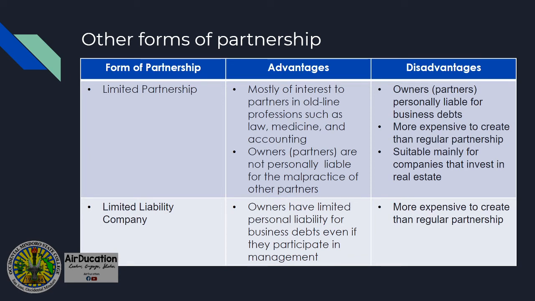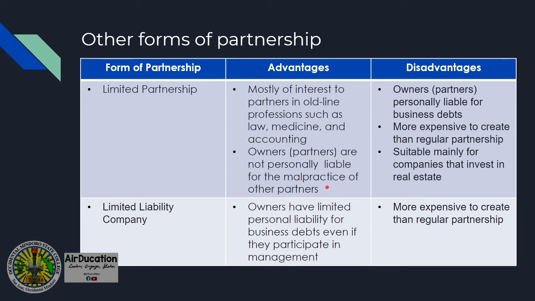Next, limited partnership. This is actually similar to limited liability partnership. And mostly of interest here are the professionals with a specialization in law, medicine, and accounting. And only those owners, or the other owners of the business who are not practicing their profession, cannot be personally liable for the malpractice of the other partners.